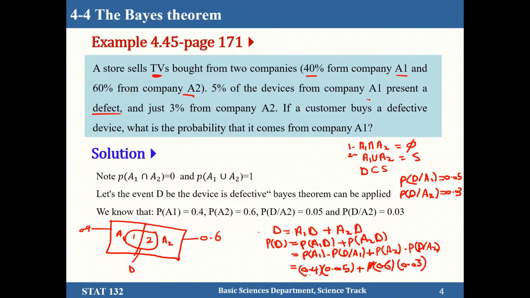So this means the probability of company A1 multiplied by the probability of defective from A1, and the probability of A2 multiplied by the probability of defective from A2.